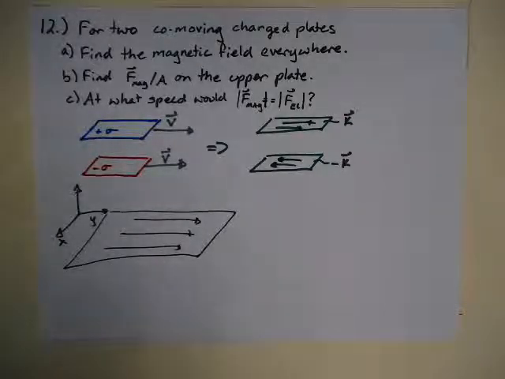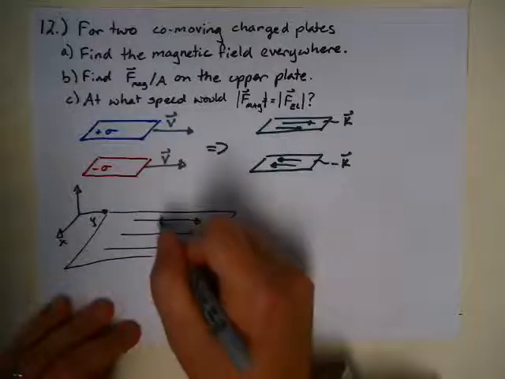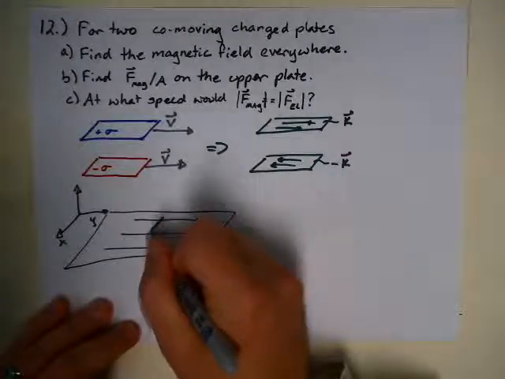And then we're going to use Ampere's law in order to find the magnetic field due to this plane of surface current. The path that we'll use when we look at Ampere's law will be the following path.